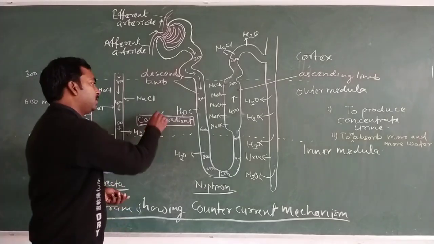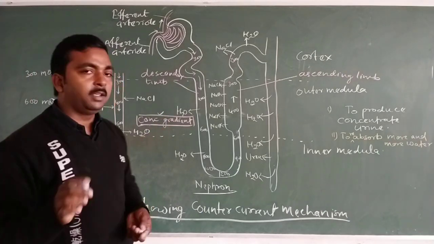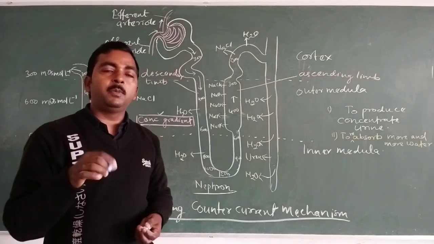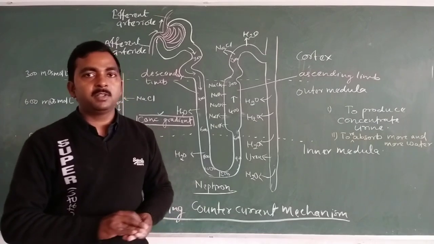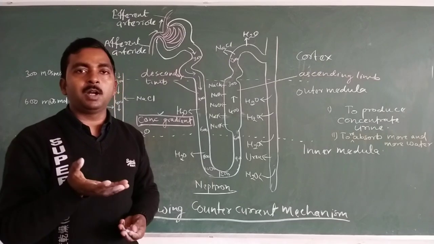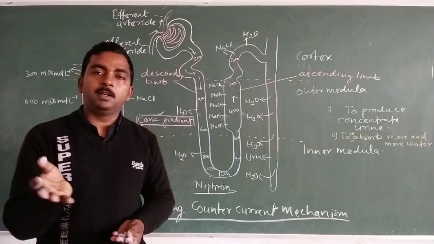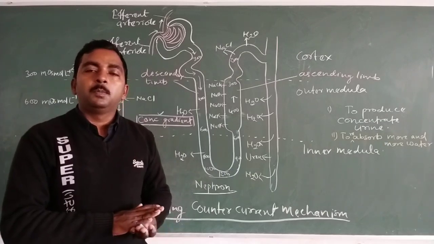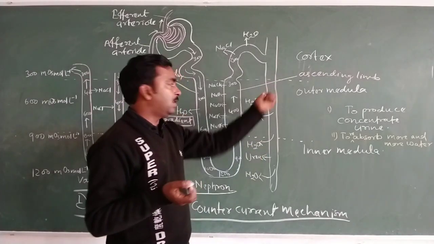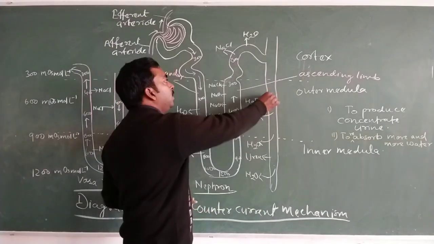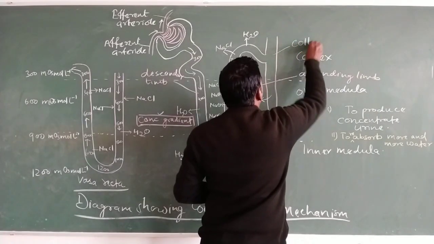This gradient results in the absorption of more water into the interstitial fluid, and from there the water is reabsorbed by the blood capillaries and enters the blood. This reabsorption also takes place in large quantity from the collecting duct. This one is the collecting duct.